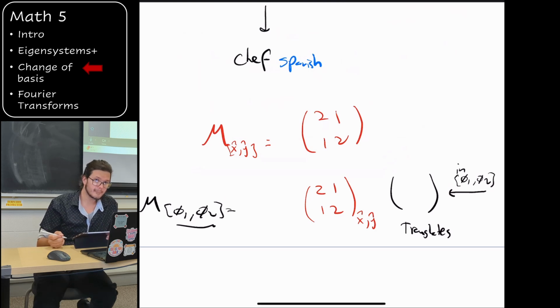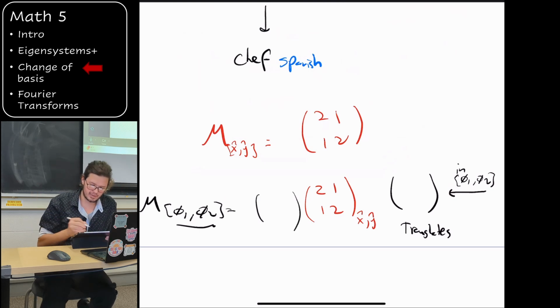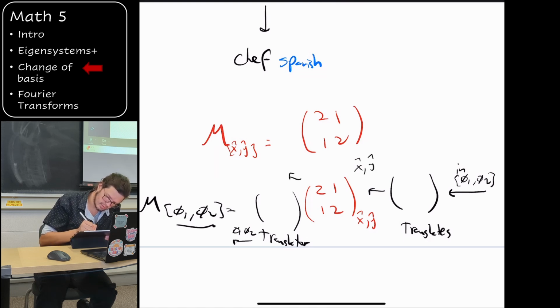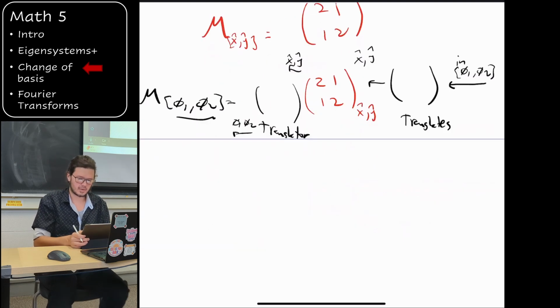And then I need to multiply, because of the order in which matrix multiplication works, by another translator that outputs this in the bases phi1, phi2. So this translator translates this vector into x hat, y hat, and this one translates from x hat, y hat into the basis of phi1, phi2. So how do you do that?